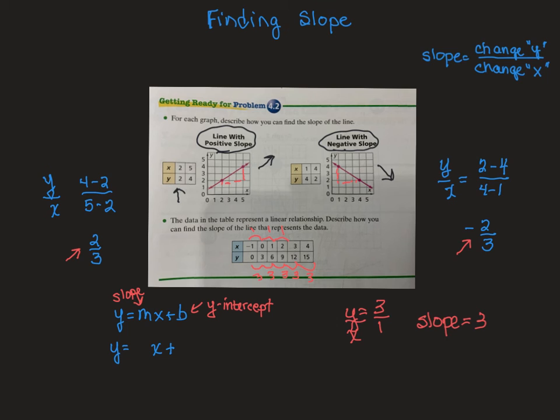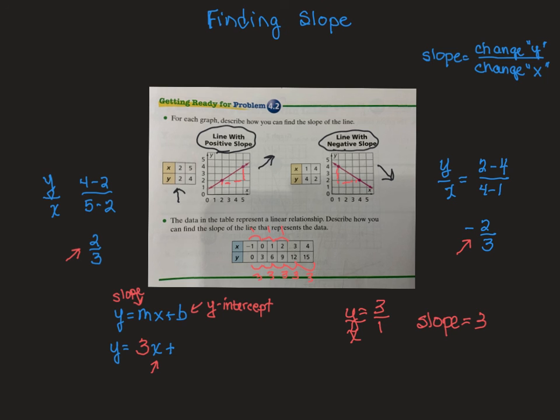The slope is always the coefficient, because as I increase x by 1, the y is going to get 3 times bigger because I'm multiplying that x by 3.